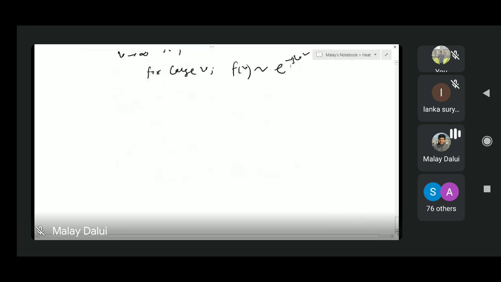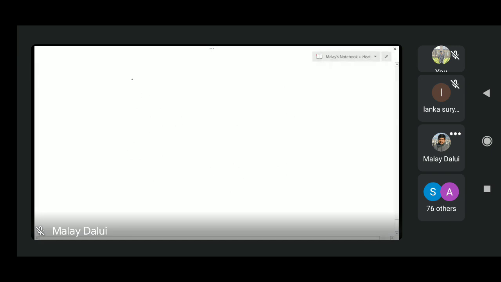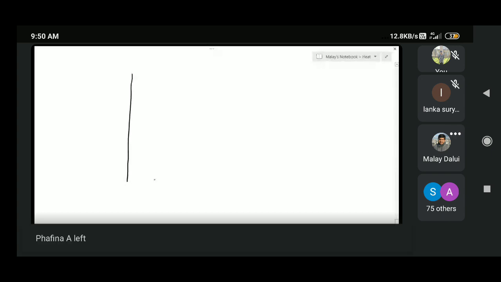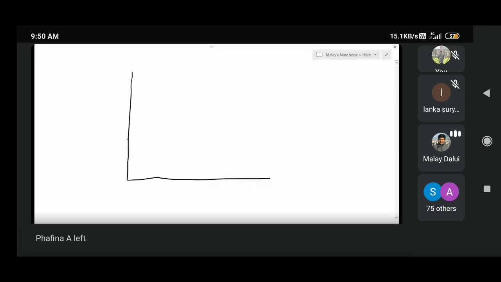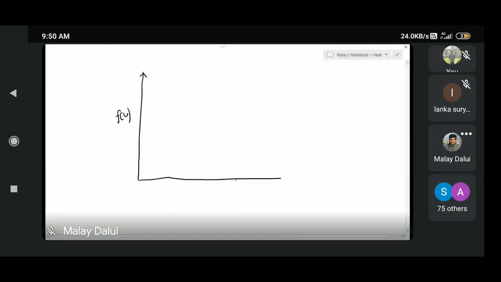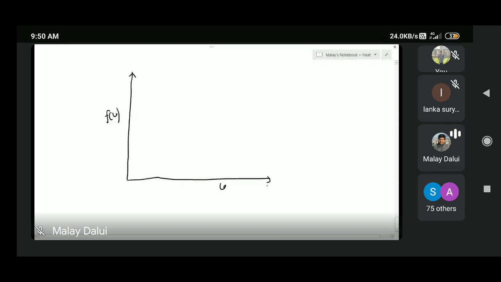If I plot f of v versus v, with f of v on this axis as a function of v on this axis, initially it goes like a parabola, and at 0 the limit is 0.